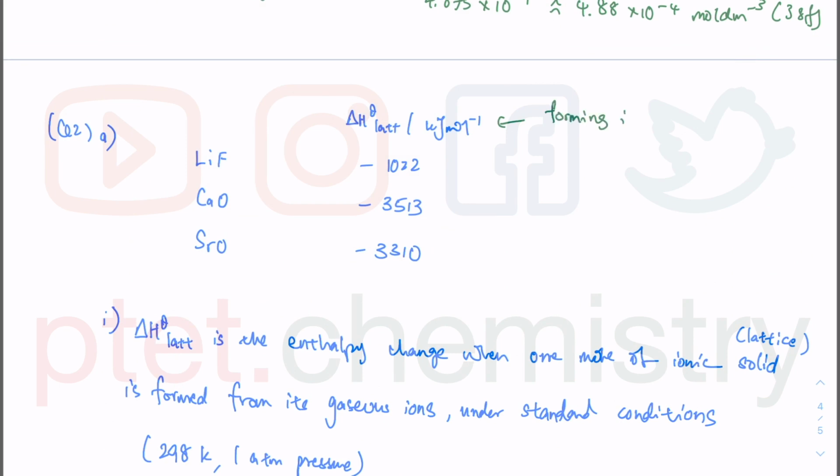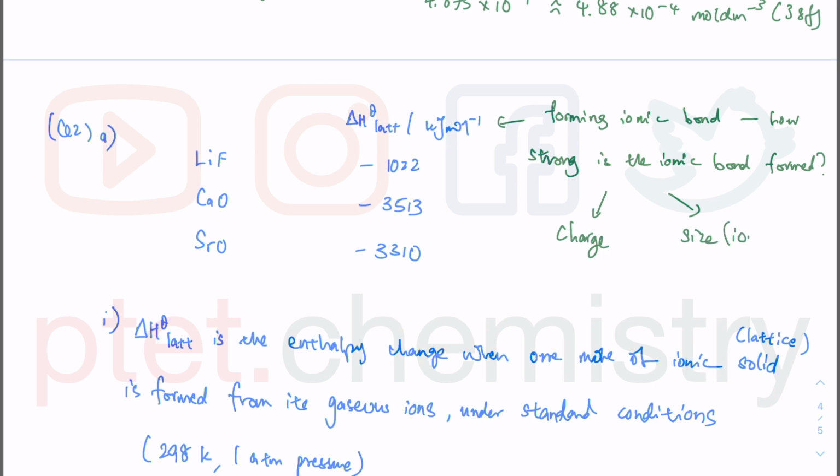So how strong is the ionic bond that you are forming? These are the factors affecting the strength of ionic bonds. You have to think about charge, and you have to think about size, which is to do with ionic radius.